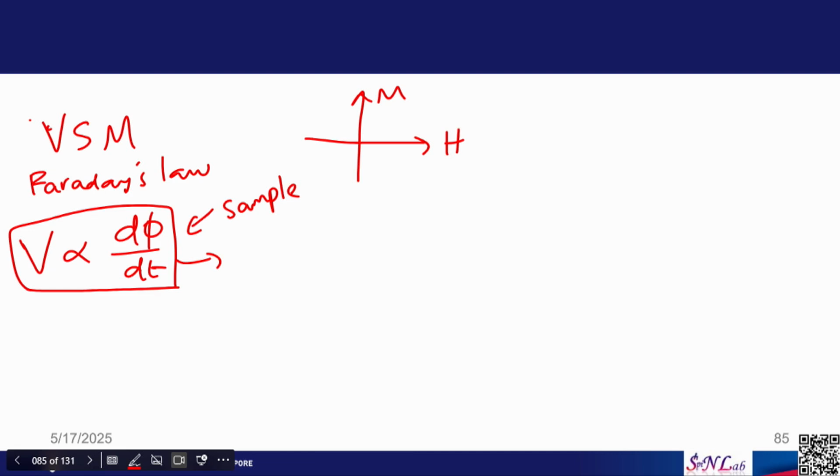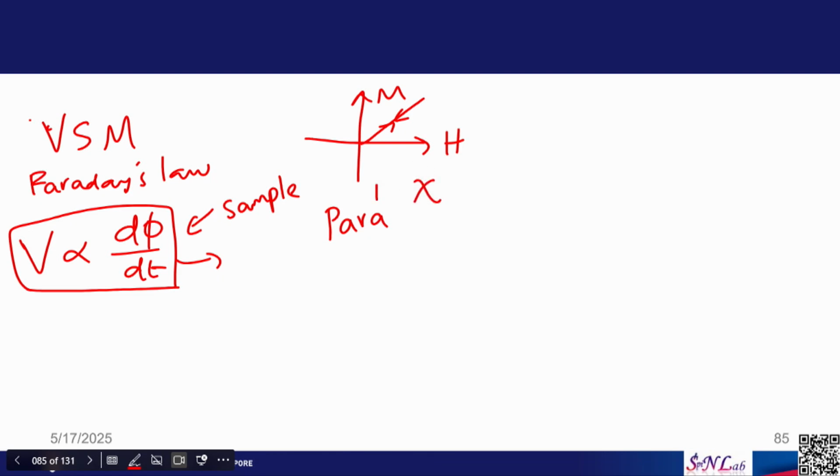Okay. So if you do this for paramagnetic materials, the magnetization will increase linearly with respect to magnetic field, and the path for going up and coming down is the same. A paramagnetic material will have a positive slope, and this slope is called susceptibility.